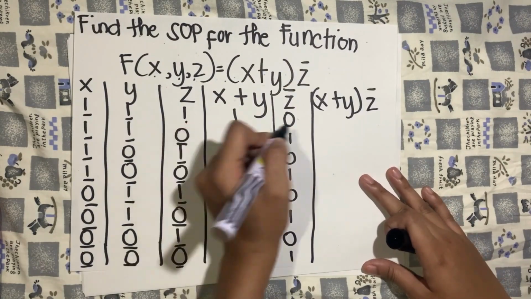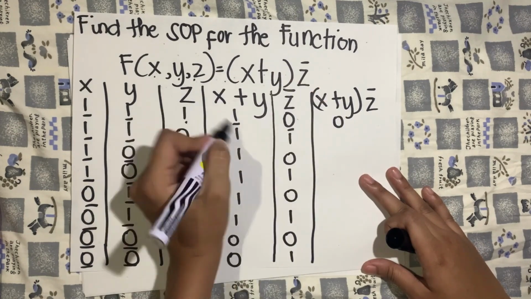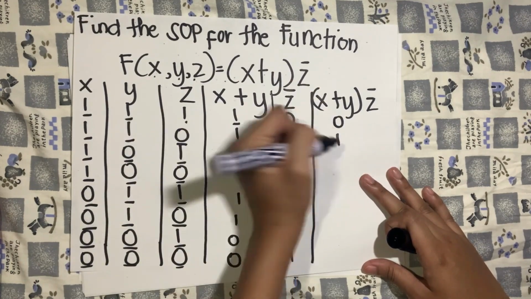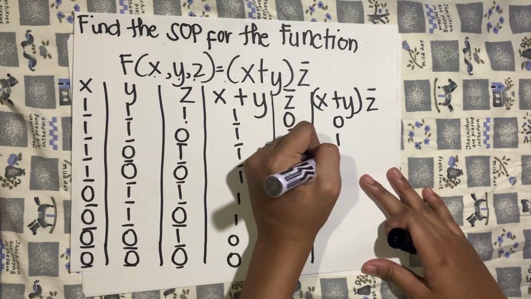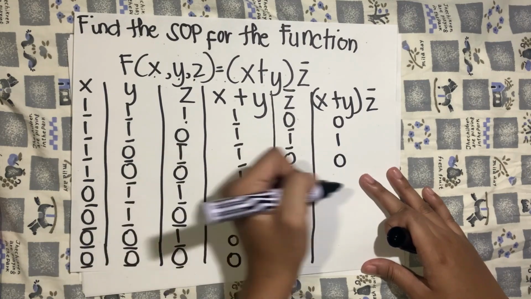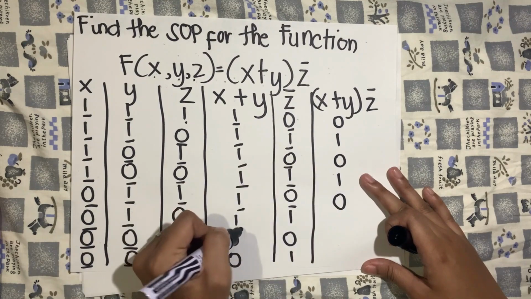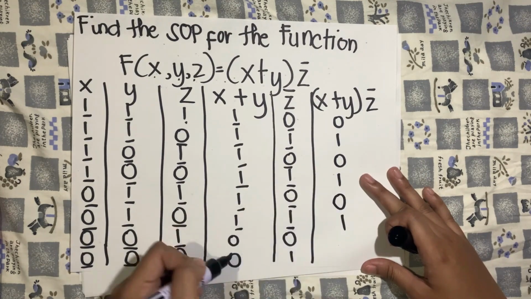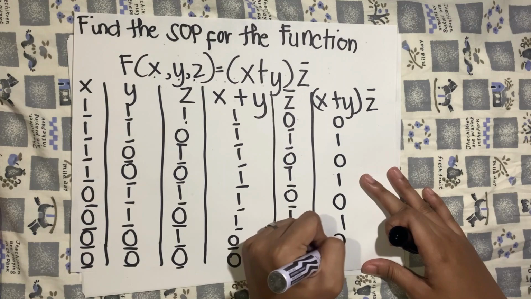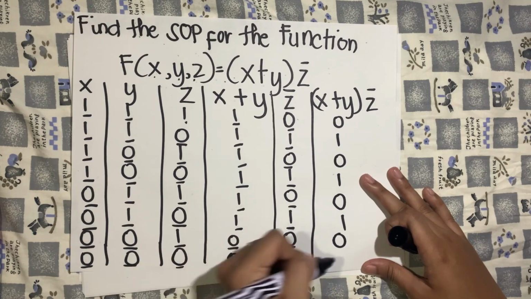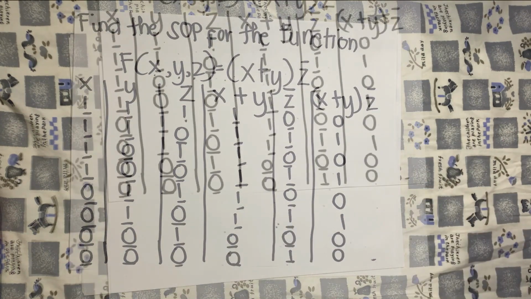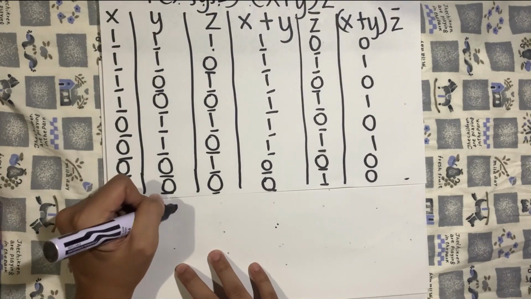So, 1 times 0 is 0, 1 times 1 is 1, 1 times 0 is 0, 1 times 1 is 1, 1 times 0 is 0, 1 times 1 is 1, 0 times 0 is 0, 0 times 1 is 0.